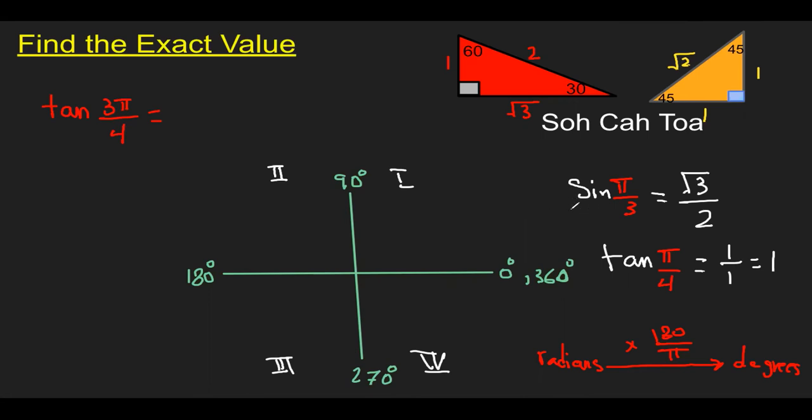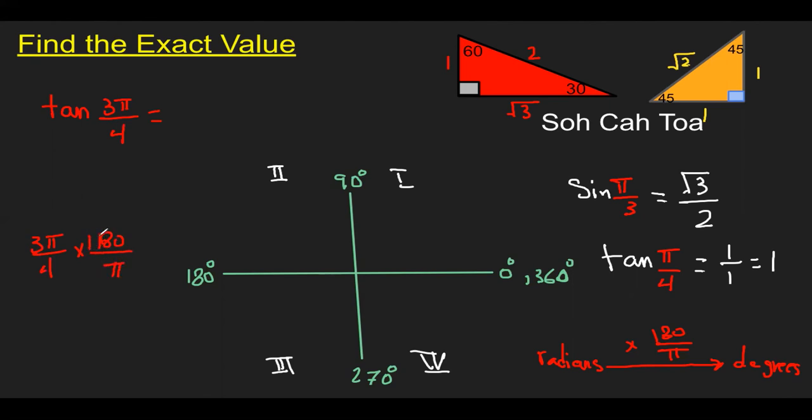So now let's go and look at finding the exact values when the angle is given to us in radians measure. So if the angle is in radians measure, one thing you could do is convert the angle from radians to degrees by multiplying it by 180 over pi. So I could take this 3 pi over 4 and multiply it by 180 over pi.